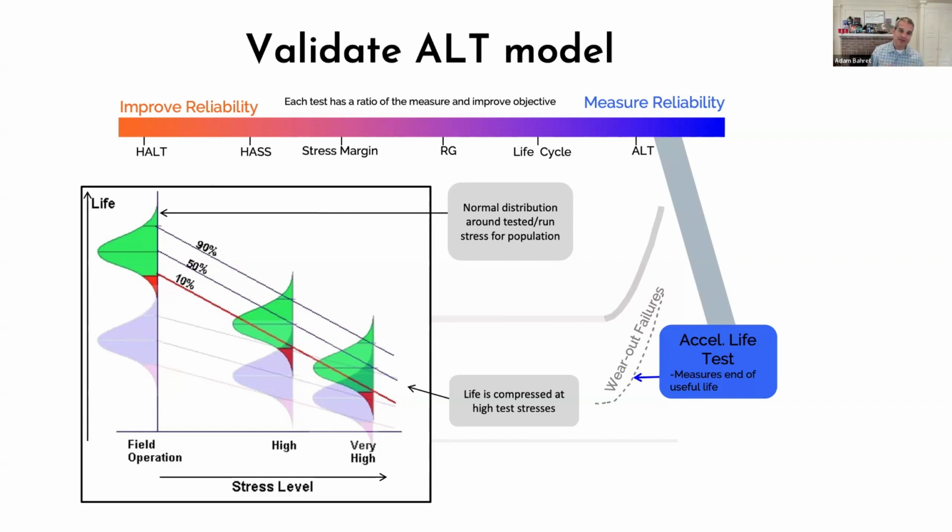Same thing here. When you have identified your primary stress to wear out failure mode relationship, and you've created a model, you want to validate it before you go forward with your big investment in this test. And the way to validate it is to run it at 3 different levels of stress and to look to see if, when you take the results and you compare them in comparison, do they match to show the same variables?